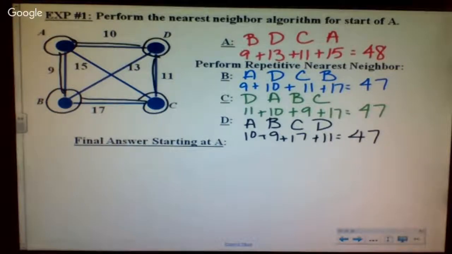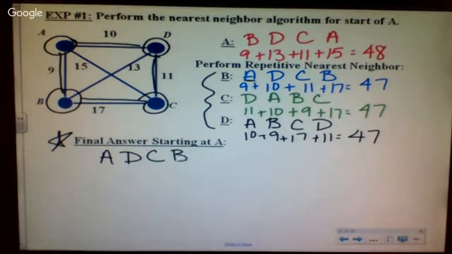Okay. So now, they want us to pick the optimal circuit. What are your choices? B, C, D. Any one of these three would work. Okay. Your last step, though, final answer must start at A. So you're going to take any one of these three that you have and just rewrite it to start at A. So if I start this one at A, it becomes A, D, C, B, and back to A. And it had a total of 47.